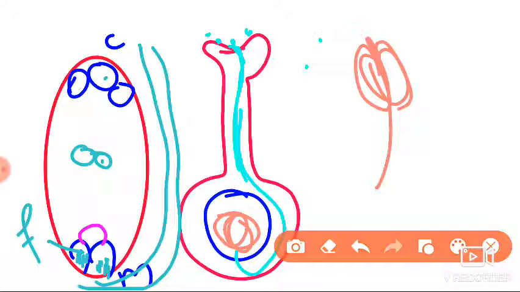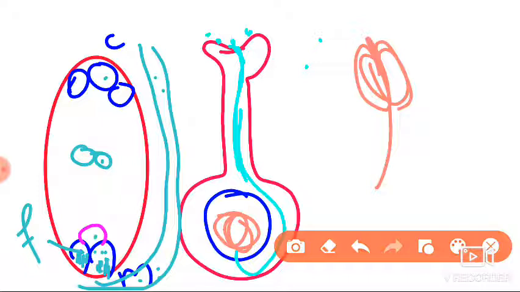The filiform apparatus will guide the pollen tube to reach the synergid cells, and this pollen tube mainly carries 2 gametes. When the filiform apparatus receives the pollen tube, it guides it to reach the synergid cells.